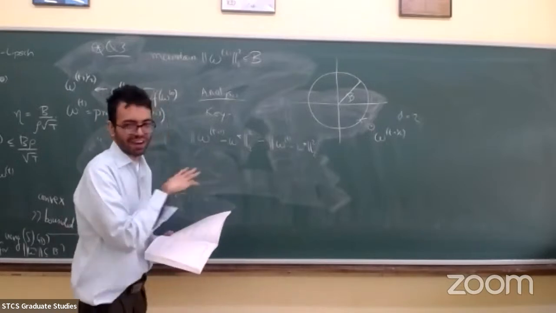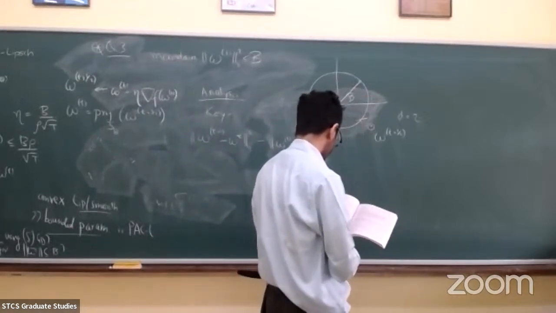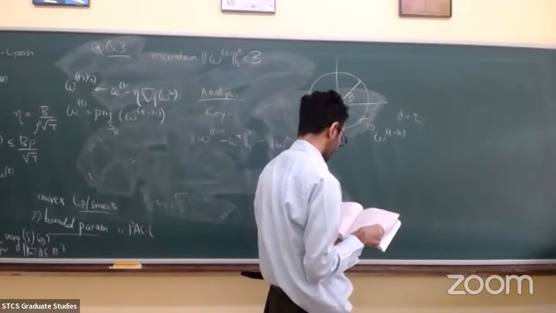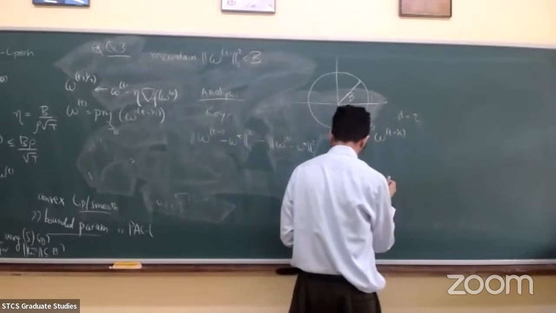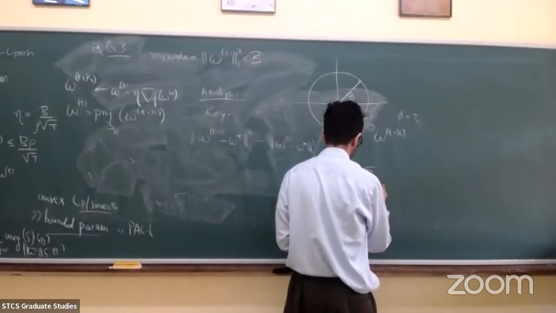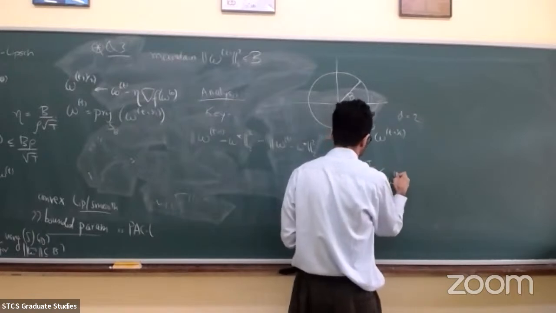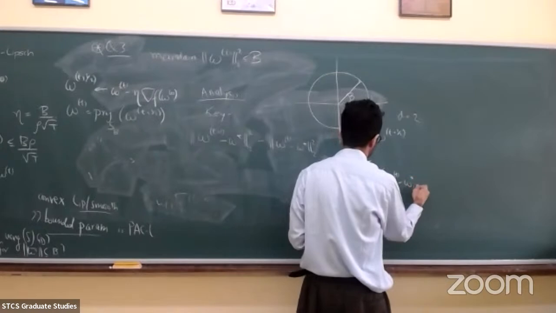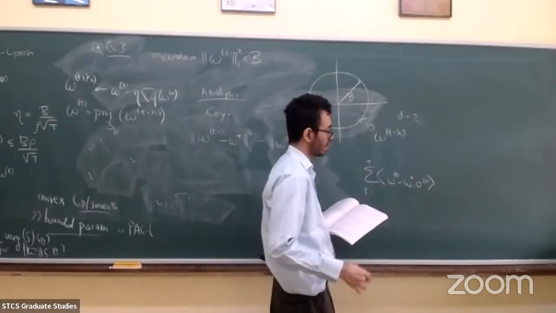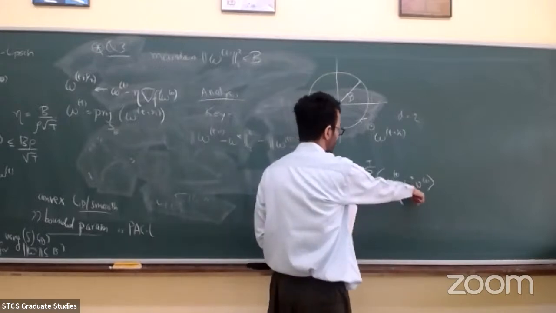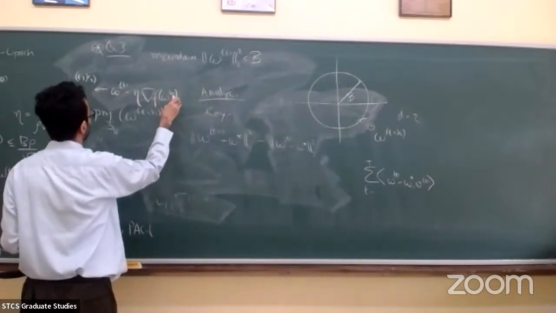Let me remind you of the previous calculation in case you forgot. We had a summation, and we looked at the update, where Vt was some subgradient, the thing we were updating with. So I call this one Vt.